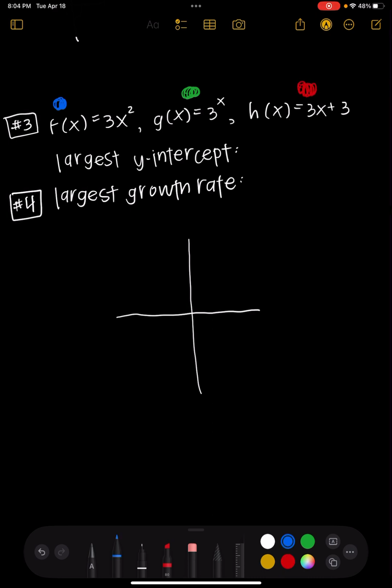For my blue graph, we have 3x squared, and that is a quadratic graph. It starts at 0, and then it'll go up 3 and over 1, and it kind of goes tight and skinny like this. Then for my green graph, that's 3 to the power of x.